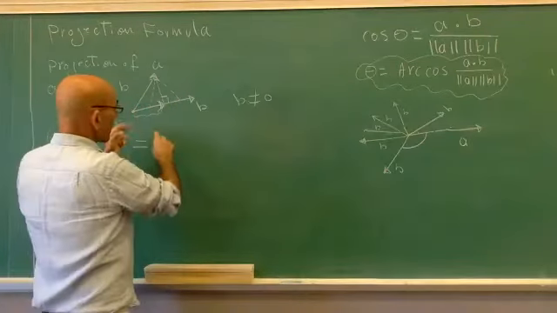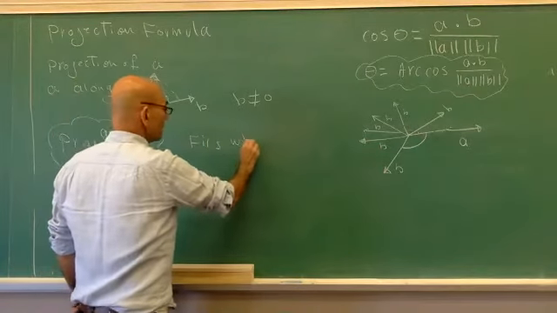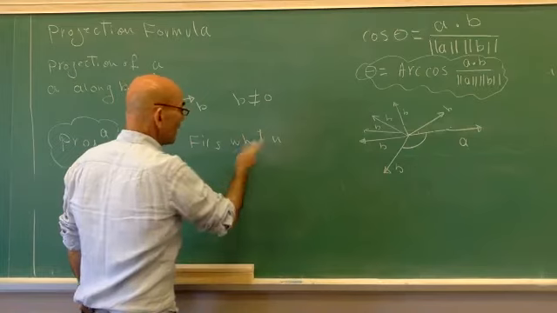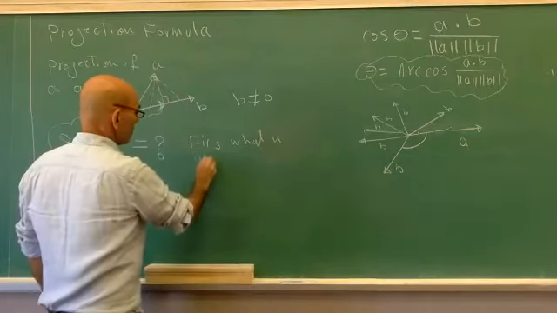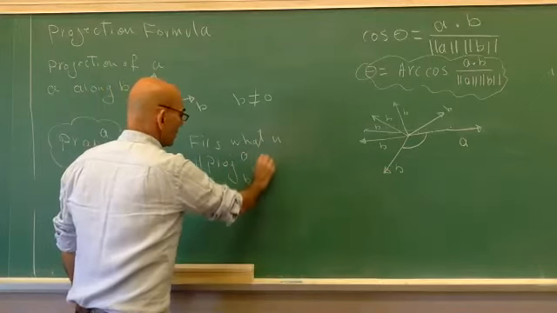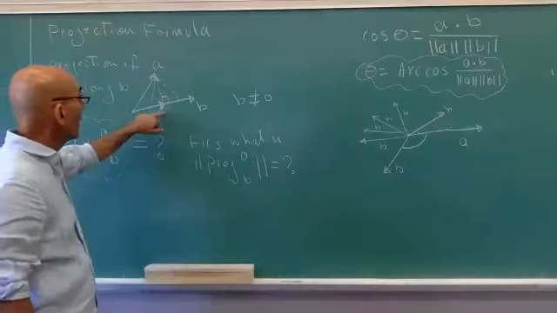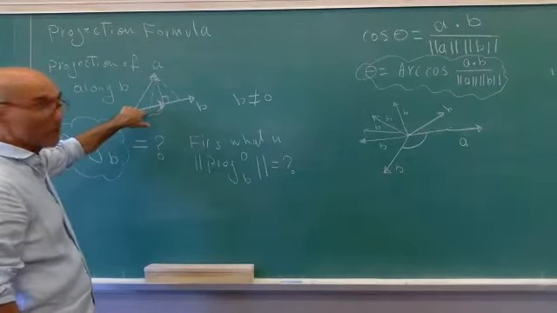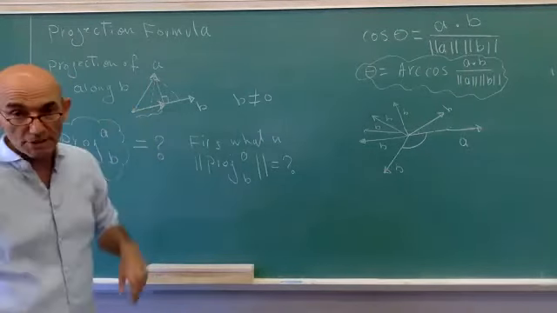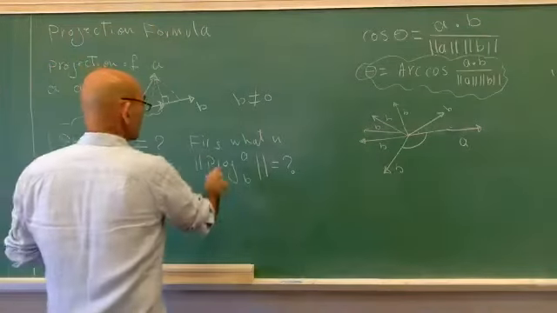So first, what is the length of this vector? Because if you can compute the length of this vector, then you can multiply by unit vector in this direction, and then we'll see how it goes. Then that's going to be easy. But the question is, what is this length?